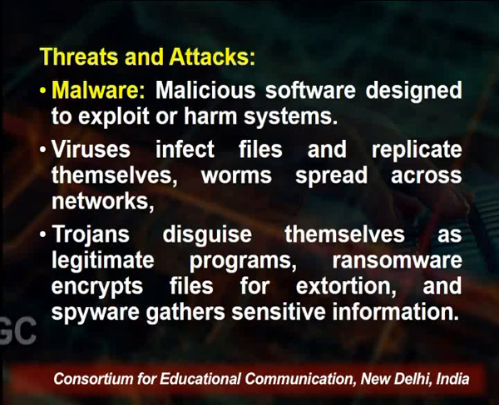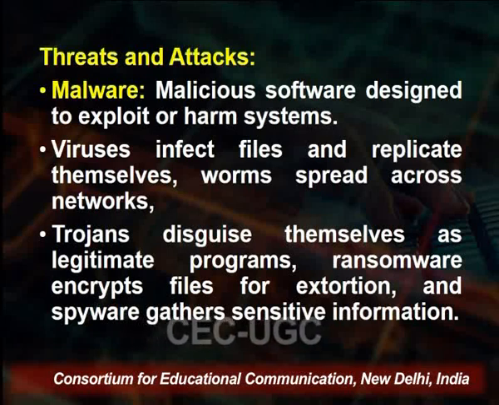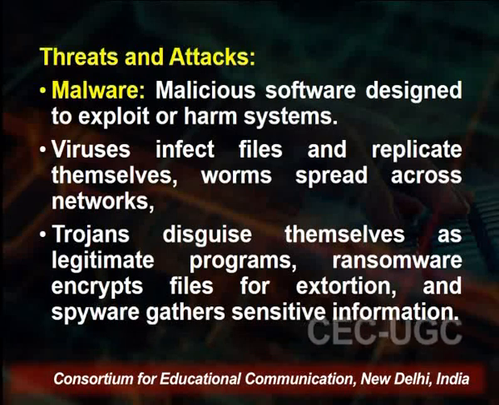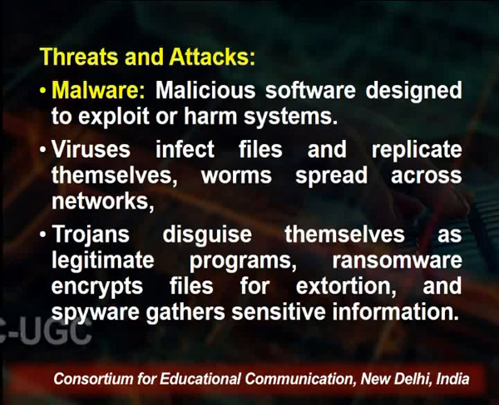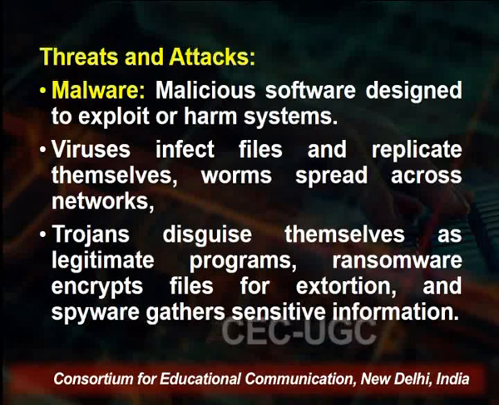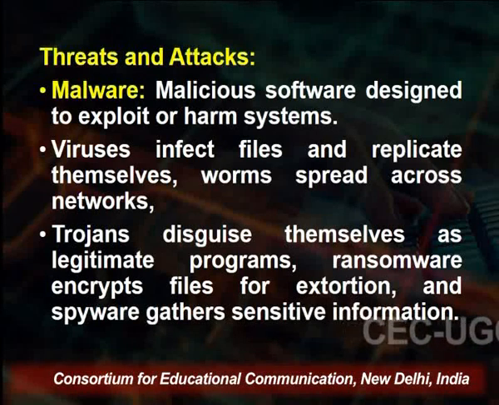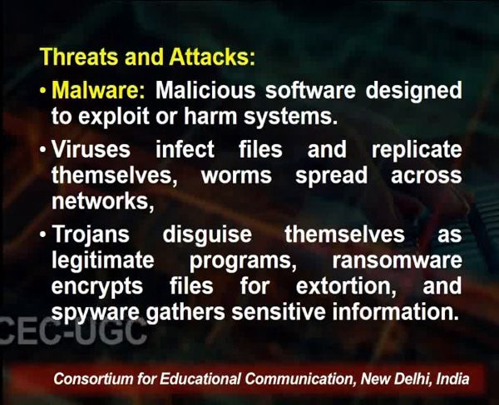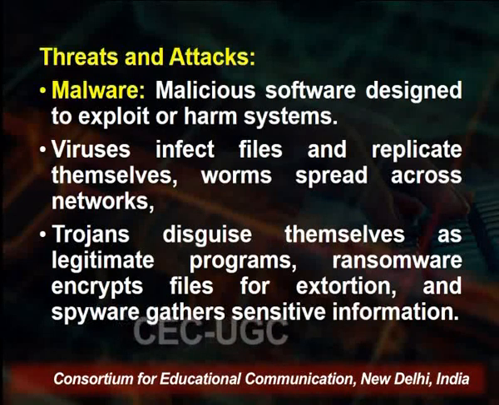Then there are worms which spread across the networks, Trojans or Trojan horses which disguise themselves as legitimate programs, and apart from that we also have ransomware which encrypts files for extortion. We have adware also in this category. We have spyware which gathers sensitive information. So all these things come under threats and attacks.